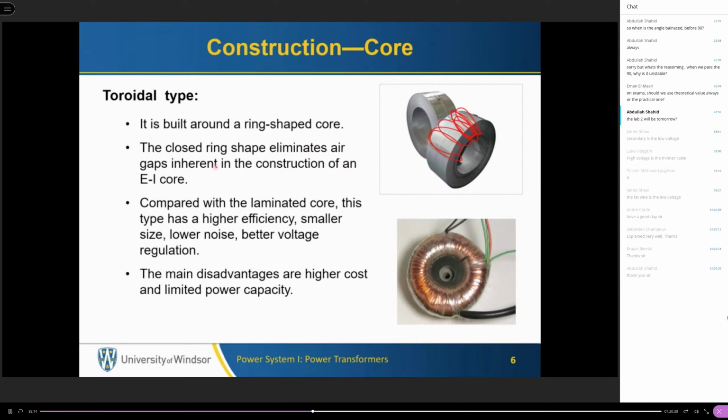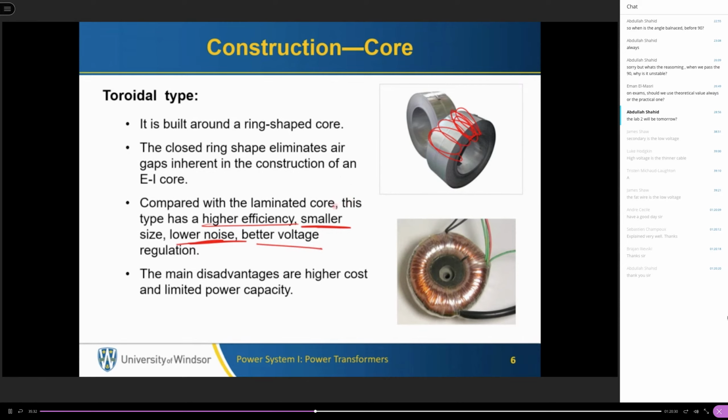So the closed ring shape eliminates the air gap, so we have less air gap, efficiency is higher, and the leakage flux is minimal. That is why it has high efficiency, small size, low noise, and better voltage regulation.